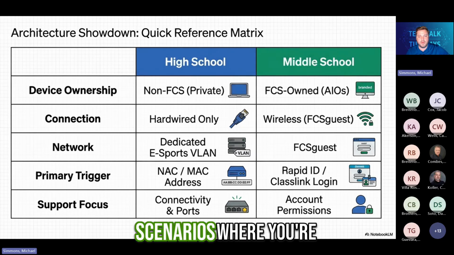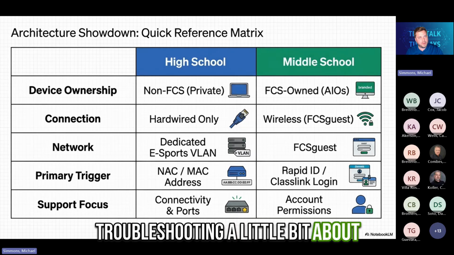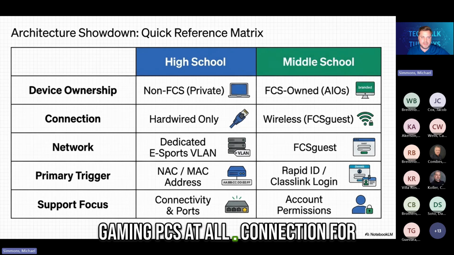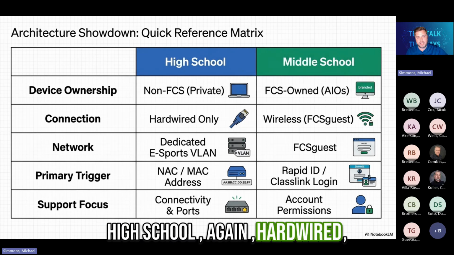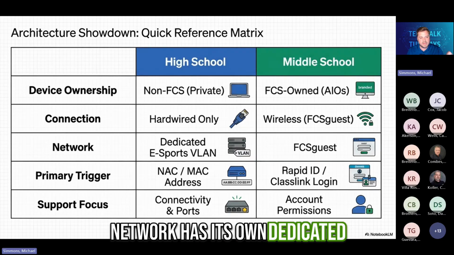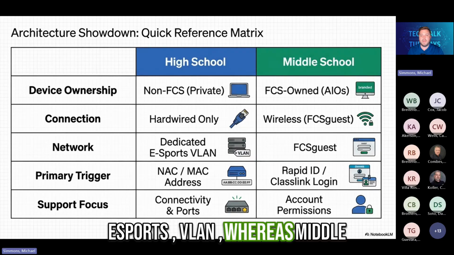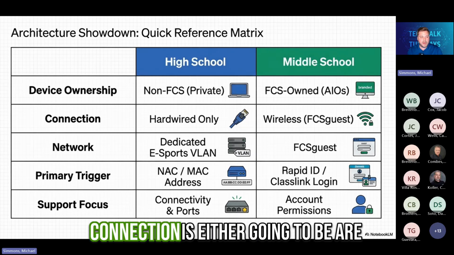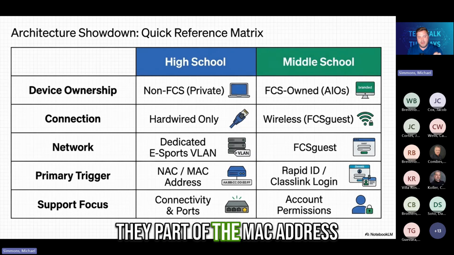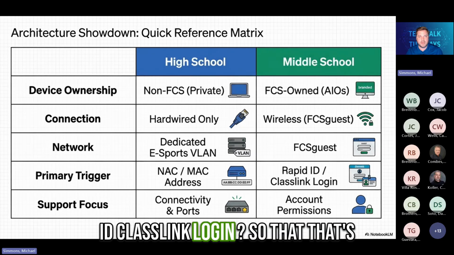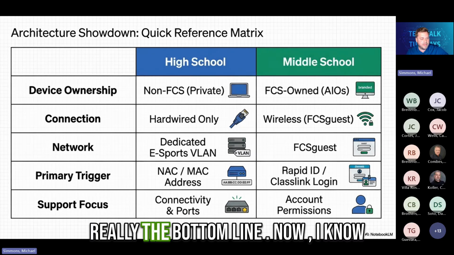And so there may be scenarios where you're troubleshooting a little bit about the all-in-ones, but don't touch the gaming PCs at all. Connection for high school, again, hardwired versus FCS guest on middle school. Network has its own dedicated esports VLAN, whereas middle school's on a different network. And then the trigger for the connection is either going to be, are they part of the MAC address group, or are they part of the Rapid ID ClassLink login? So that's really the bottom line.